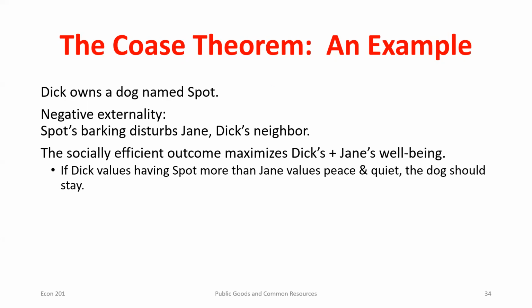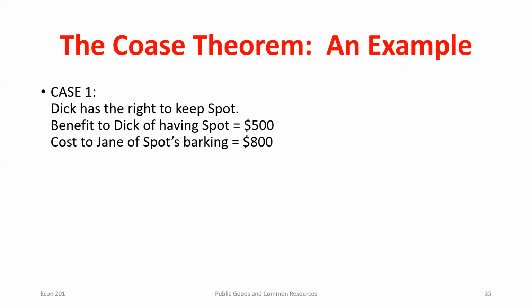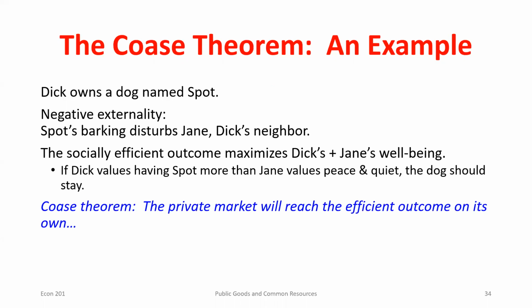Okay. So whoever values it more, right, if Dick values having the dog more than Jane is bothered by it, then the dog's going to stay in the neighborhood. However, if we think about it, Jane is so bothered by this that the cost to her is greater than the benefit that Dick enjoys from having this dog, she potentially could pay him to get rid of the dog, all right?